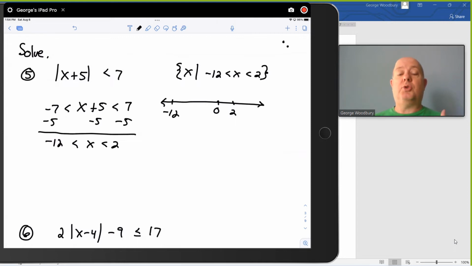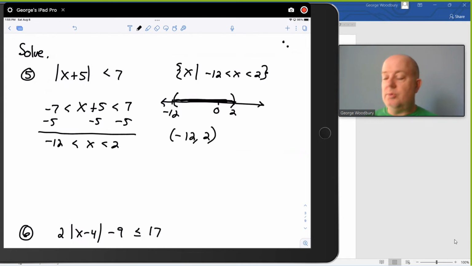We want x to be between them, so we're going to shade in between -12 and 2, but those two values are not included because there's no equal sign in this inequality. It's what we call a strict inequality. So we're going to use parentheses at those two endpoints and shade between them. In interval notation, this is -12, 2 inside parentheses.